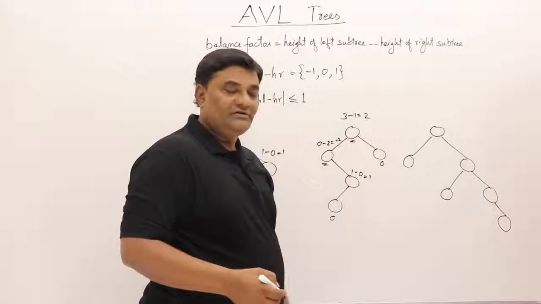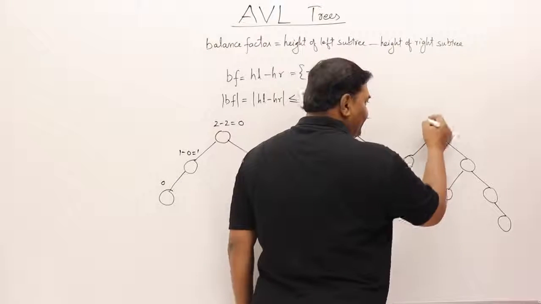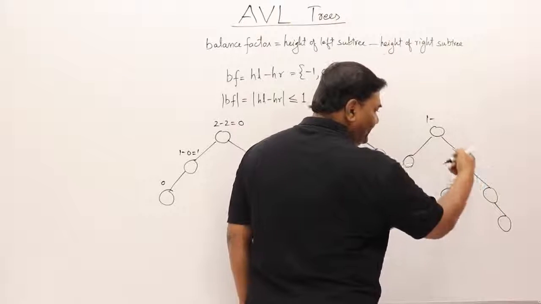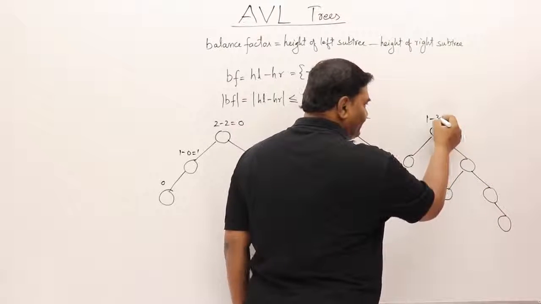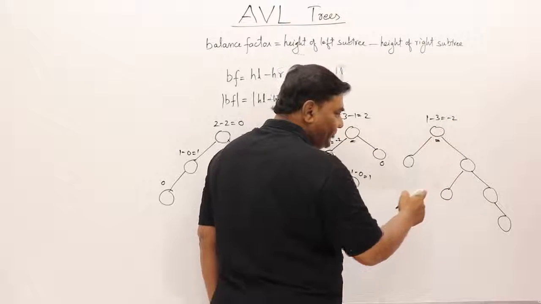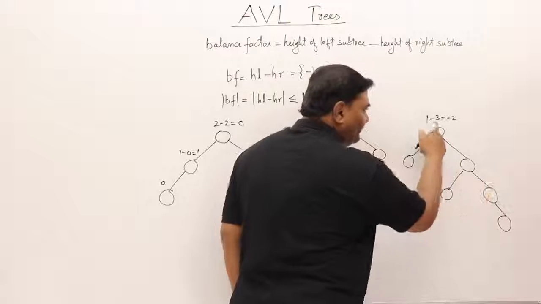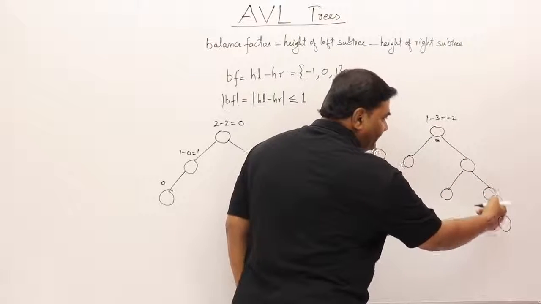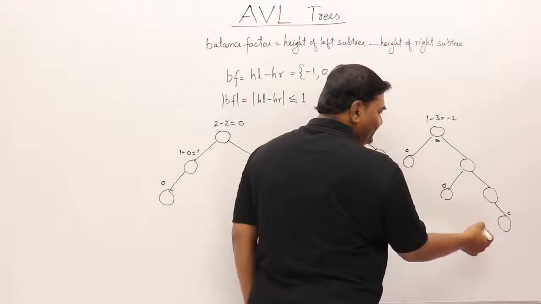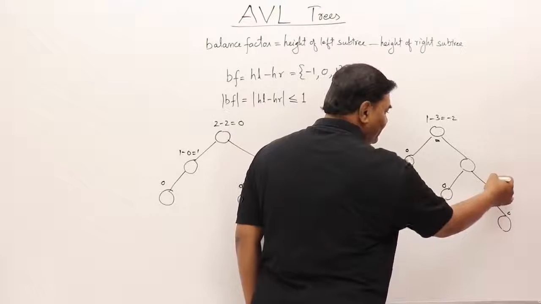Let us calculate for this also. Left side is 1, right side is 1, 2, 3. So I am taking height, right? So this is 3 and this is minus 2, it is imbalance. See, I am not counting nodes 1, 2, 3, 4, not 4, height. So take the longest distance. Now for this the balance factor will be 0. Leaf nodes will have balance factor 0. This is 0 minus 1, minus 1.